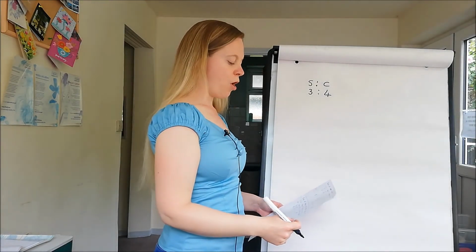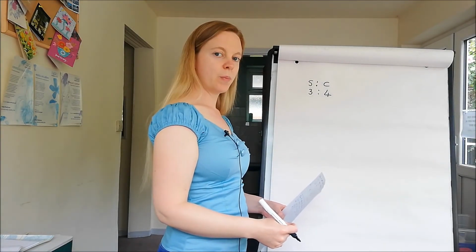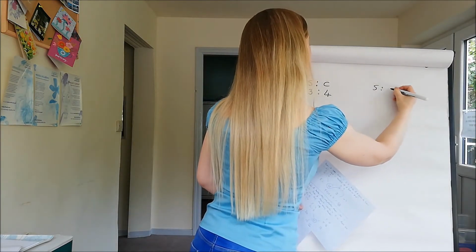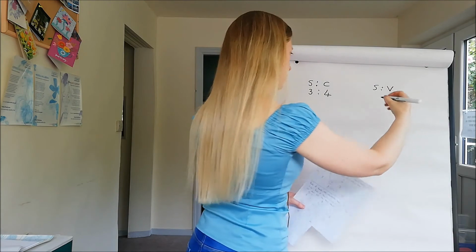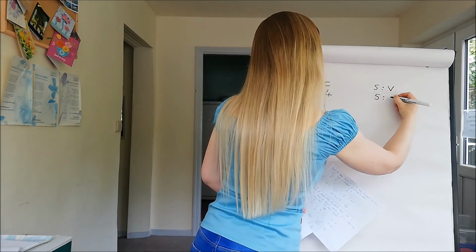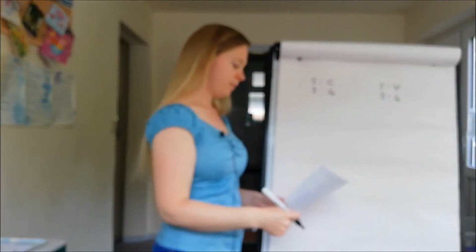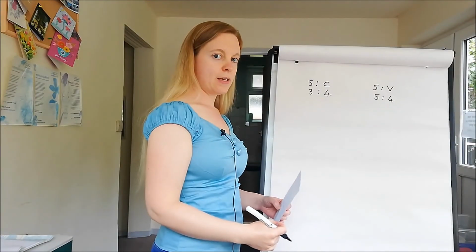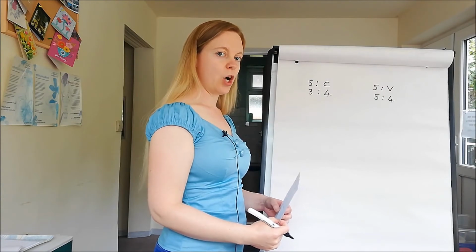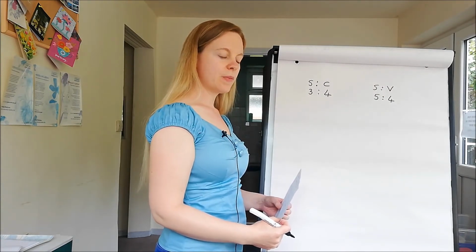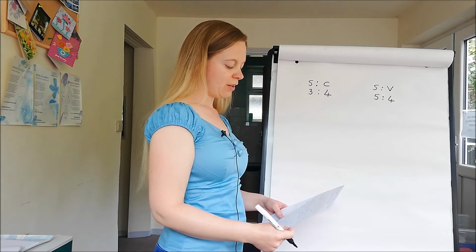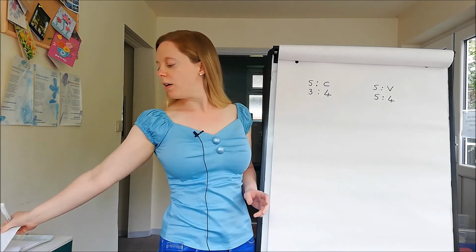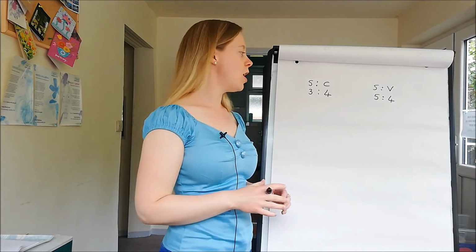The ratio of strawberry ice creams to vanilla ice creams is 5:4. 60 chocolate ice creams are sold. How many strawberry and vanilla?